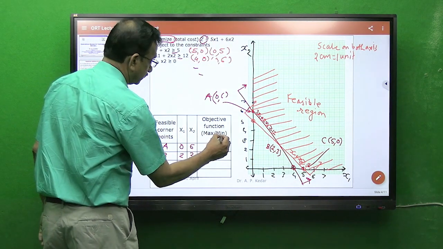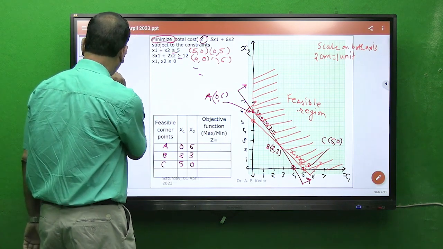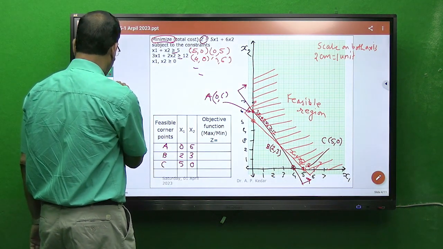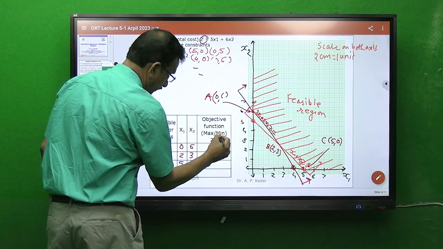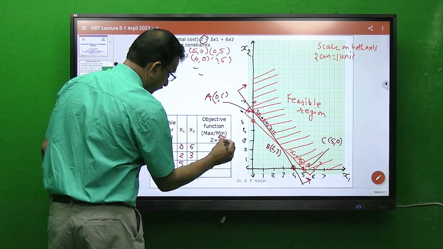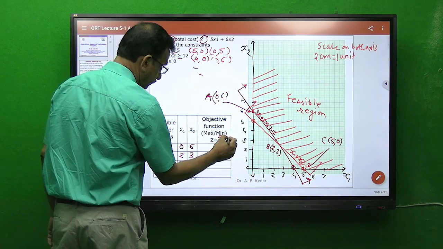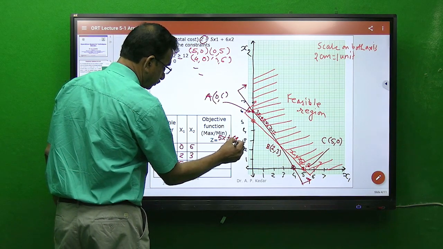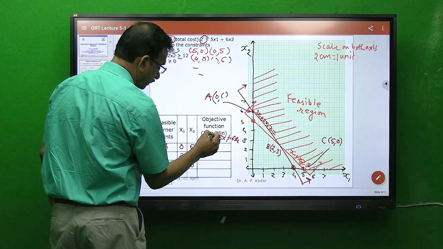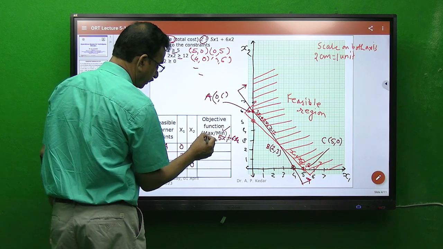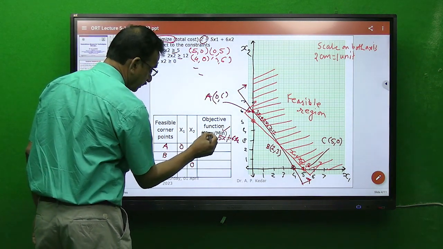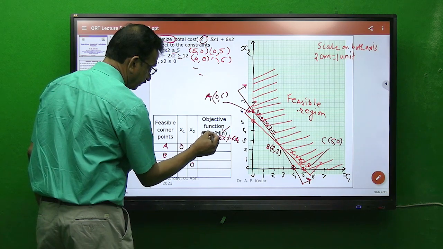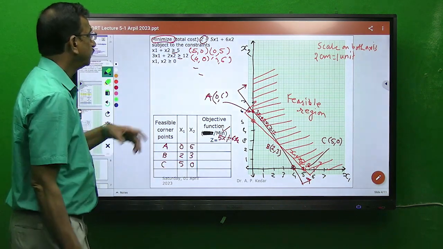So I have to write here 5x1 plus 6x2. But now here I have to calculate for minimum, so I will erase this maximum. So my target here is minimize.